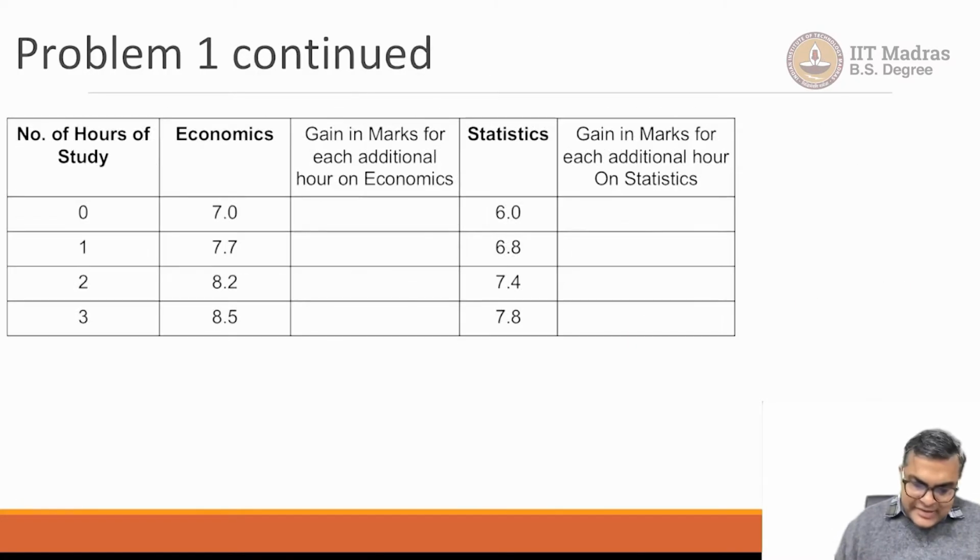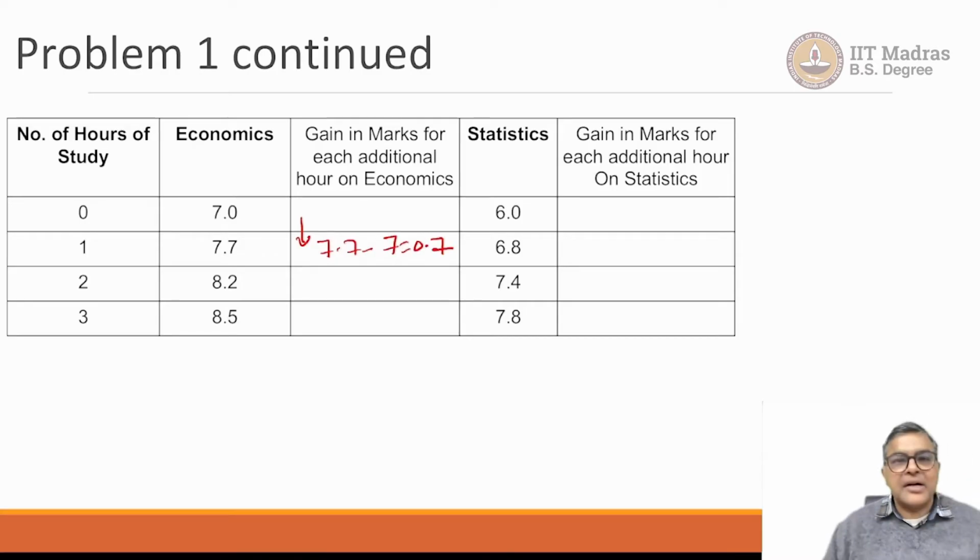But let us solve it slightly differently. Rather than using the brute force technique, let us use the marginal gain that one additional hour of studying makes for different subjects. So here marginal gain is, once you move, you are studying 1 hour of economics, the gain is 0.7 marks.